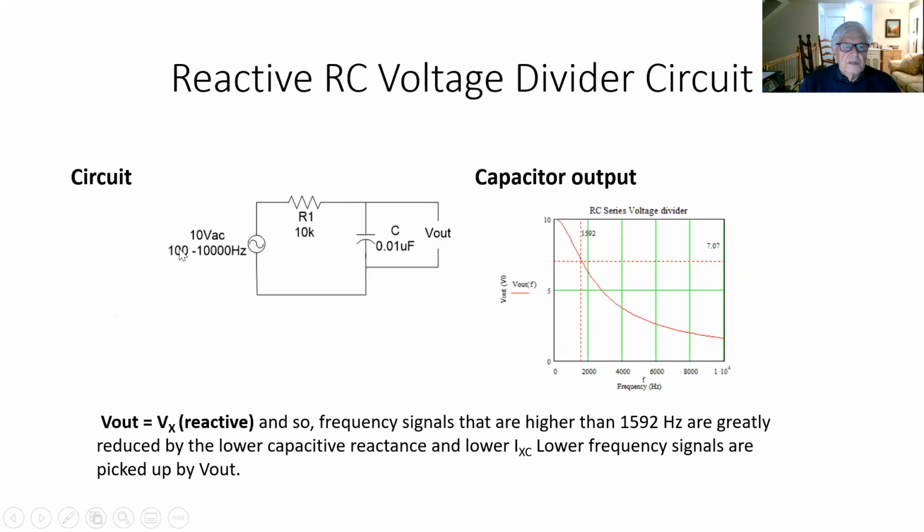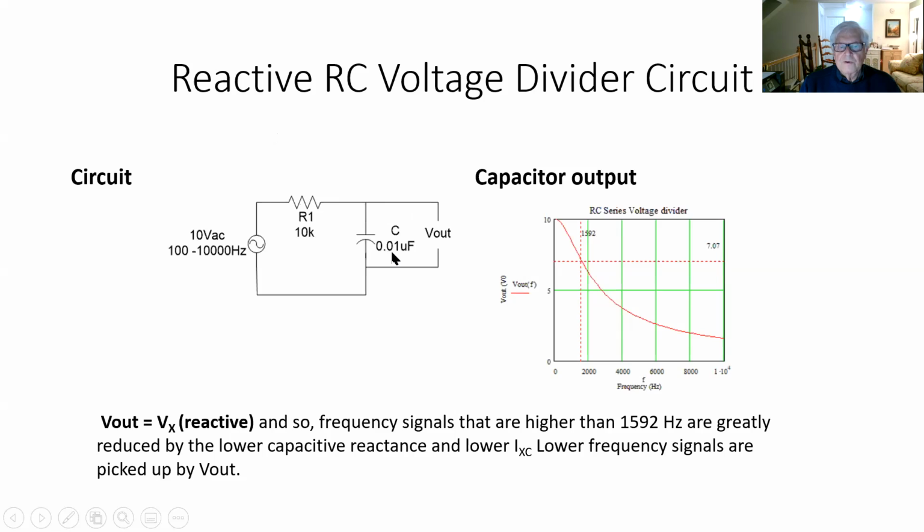In this case, we can have a 10-volt input with a frequency range from 100 to 10,000 hertz, 10 kilohertz. Okay, and we pass that through our series RC circuit, and we're going to output. We can output from the capacitor. We can also output from the resistor, which is not shown here.